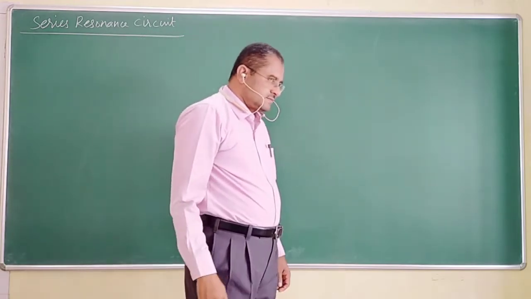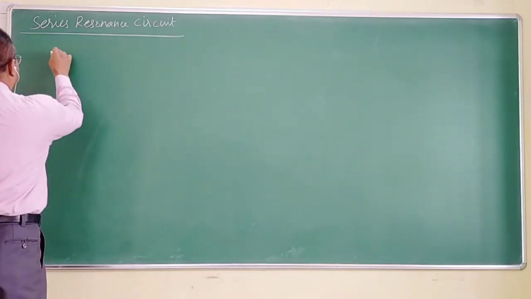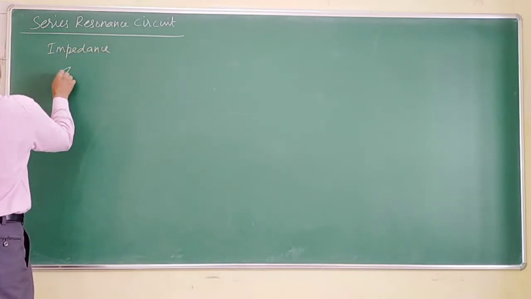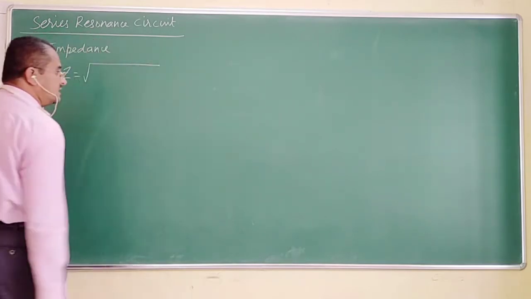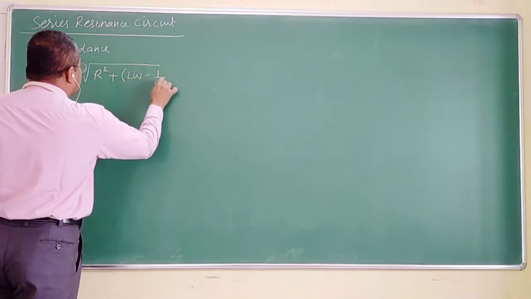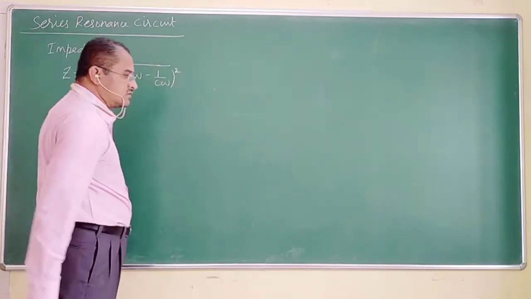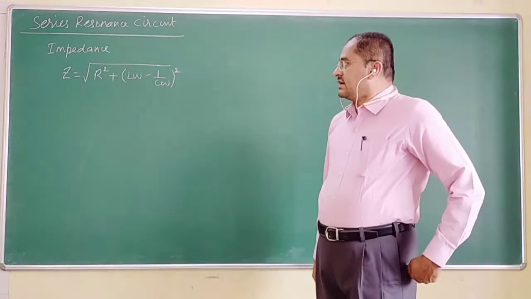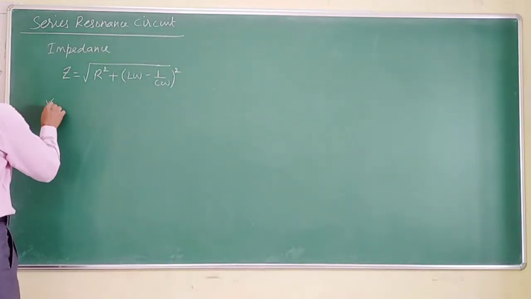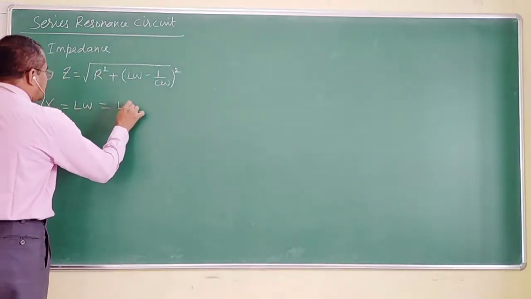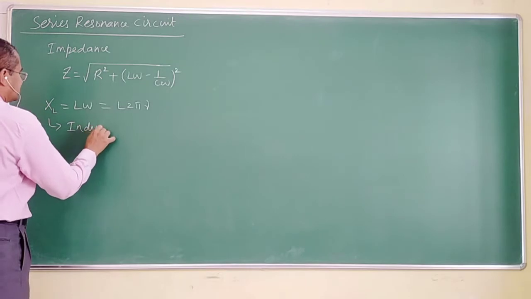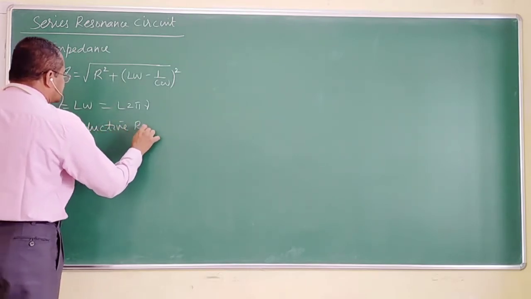If you remember the previous class, we derived the expression for impedance. Impedance Z is equal to the square root of R squared plus (L omega minus 1 by C omega) the whole squared. Here L omega we denote as L 2 pi nu, and this is called inductive reactance XL.